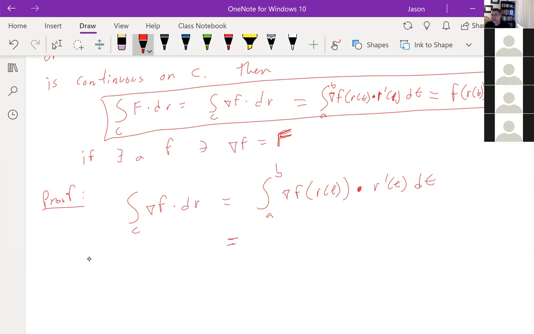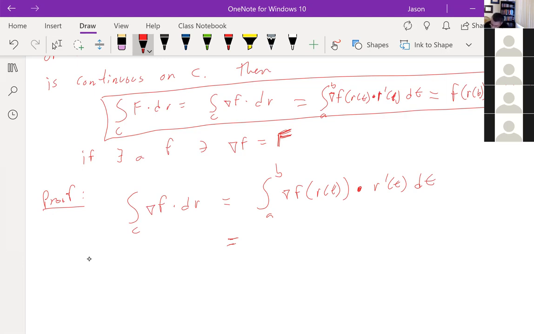Well, it's the partial derivatives over this vector field, which is going to be the partial derivatives times the standard basis vectors. We have some x of t, y of t, z of t, and for those we're going to have these partials.